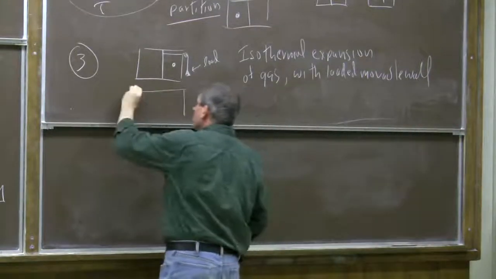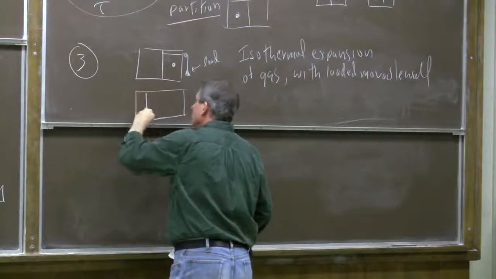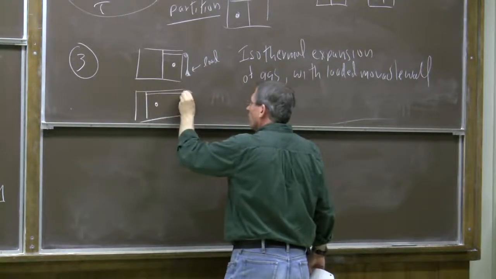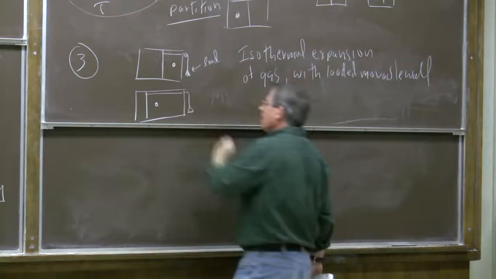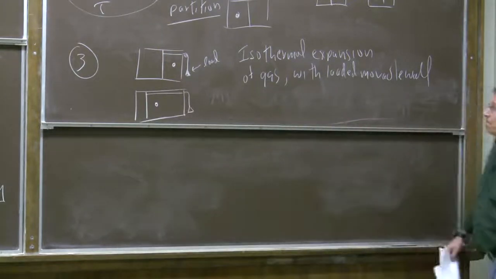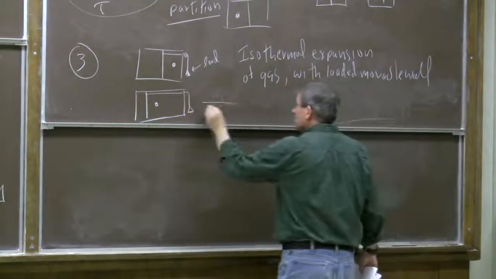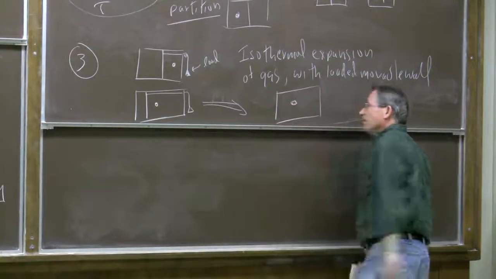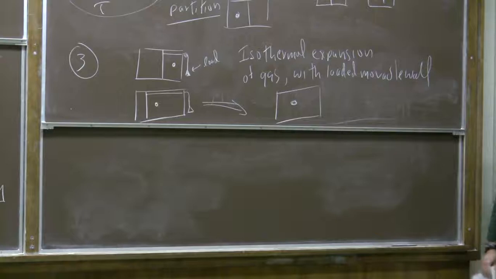So gradually, the wall moves until the wall is moved all the way to the left side. Okay. And now we have no wall, and we have a single molecule bouncing around inside the unpartitioned box.